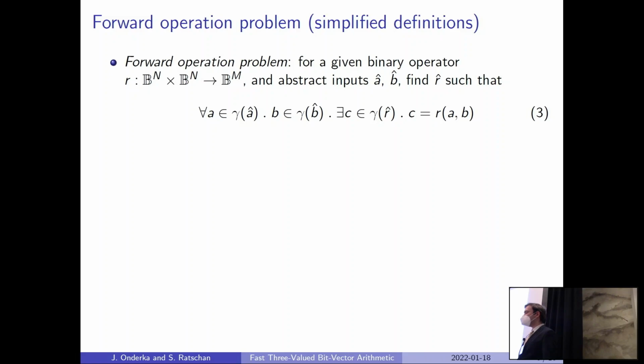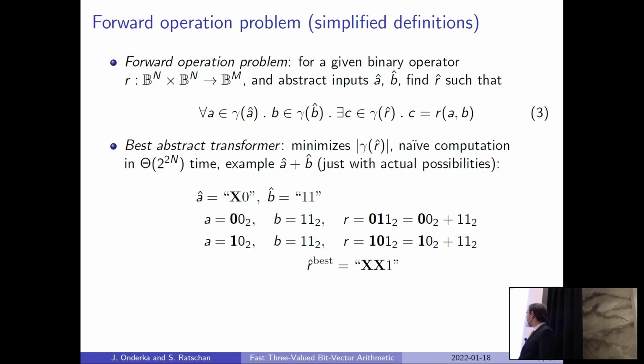And we have 2 abstract inputs, head A and head B. We want to find an abstract result, head R, such that, as equation 3 says, for every possible combination of concrete inputs from the abstract inputs, if we compute the result of the binary operator, then it must be contained in the concretization of head R. This brings us back to our example, where if we minimize the concretization of head R, we call head R the best abstract transformer.